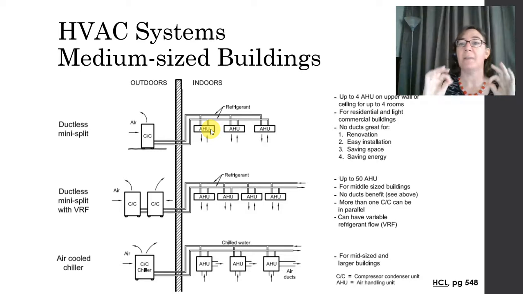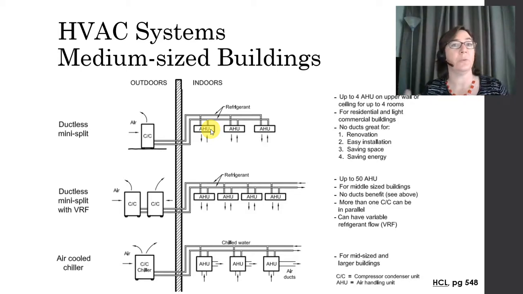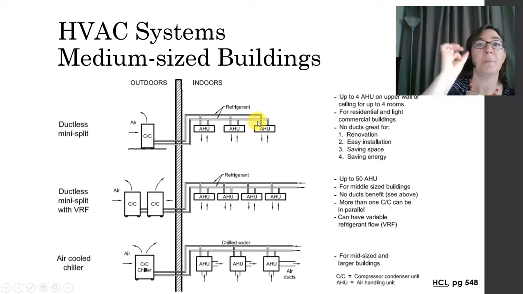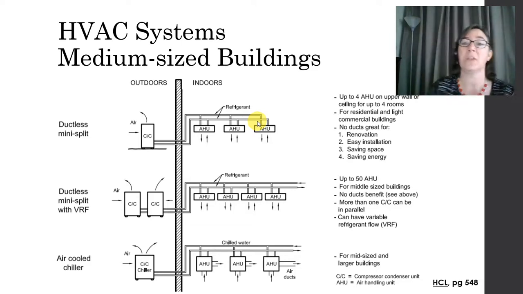Okay, they can be individual air handling units for individual rooms. And so this is popular for renovation of buildings that don't already have a cooling system because you're running your distribution system again through the pipes of refrigerant, which are much, much smaller than air handling ducts.